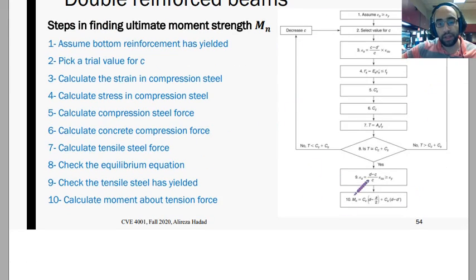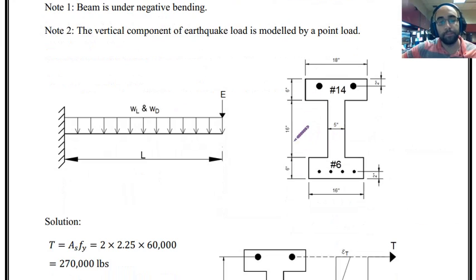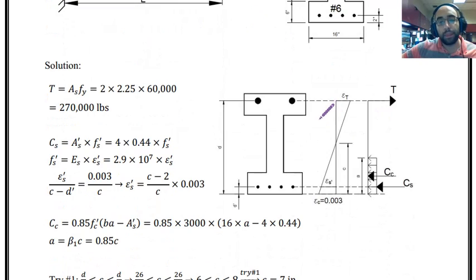Over here, you can see the flowchart. I'm going to just follow these steps in analyzing the section and finding the strength of the double reinforced section that we have over here. So the beginning step of the analysis is very similar to what we had for regular reinforced concrete sections.